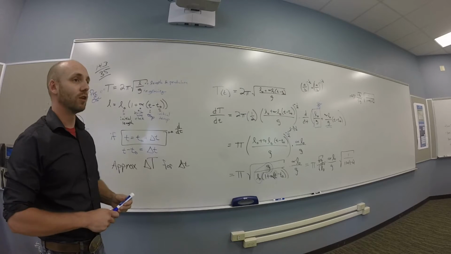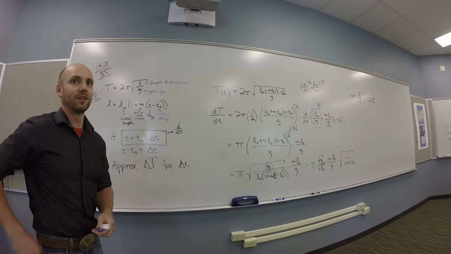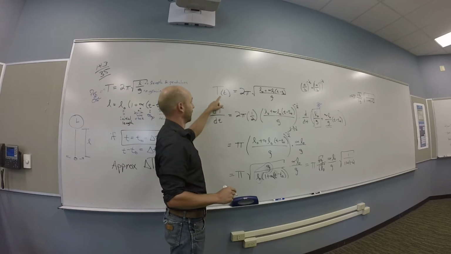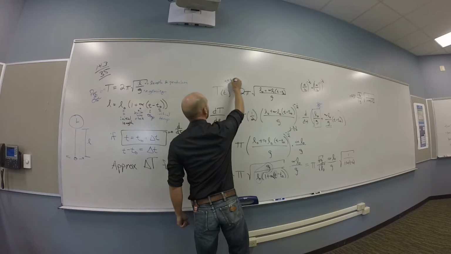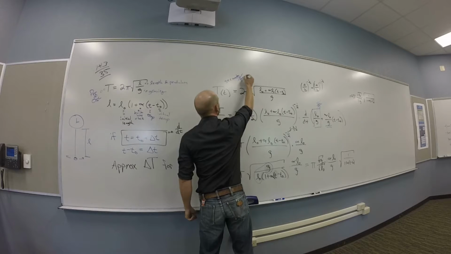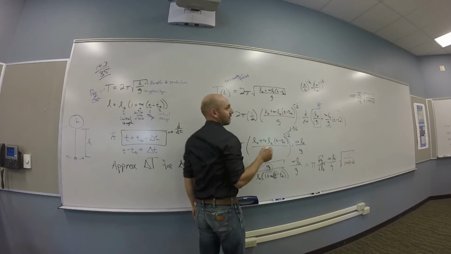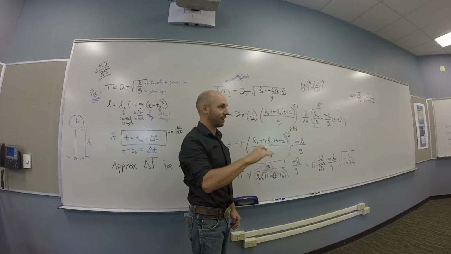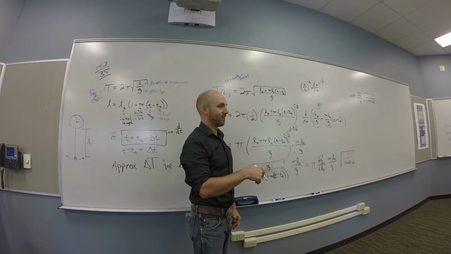So let me do a little dimensional analysis. T is a number of seconds, like seconds per period. This is the number of seconds it takes to get one period done, right?